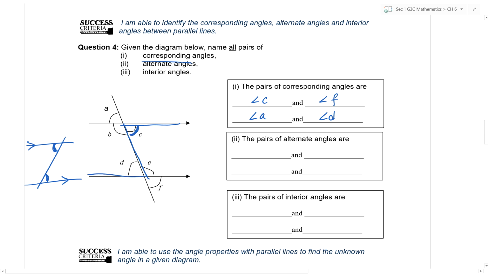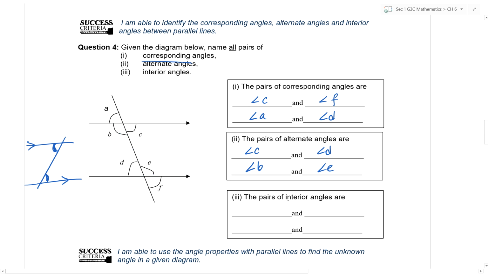So angle C and angle D, that is one pair of alternate angles. We have another pair of alternate angles, which are angles B and E. The letter Z is found here. So this angle and this angle.